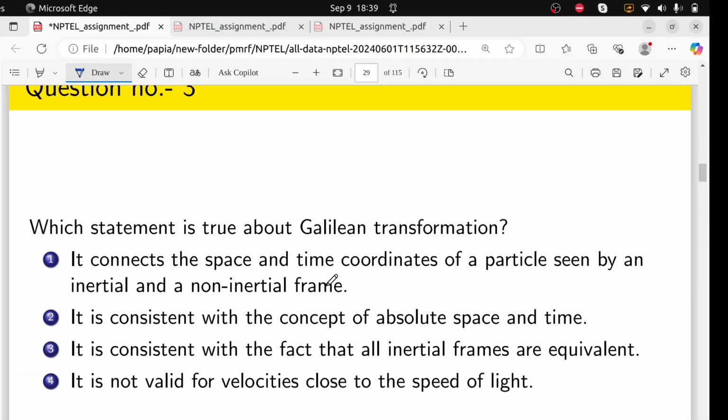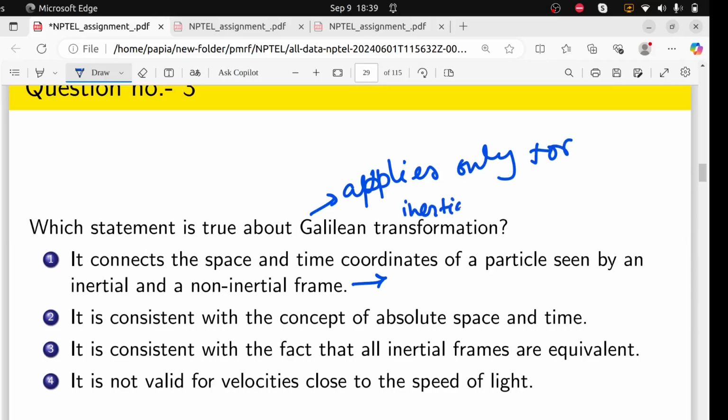In that question they were asking whether it connects the spatial and time coordinates of a particle seen by an inertial and a non-inertial frame. No. Why? Because the Galilean transformation applies only for inertial frames of reference, so this is not correct. It is consistent with the concept of absolute space and time.